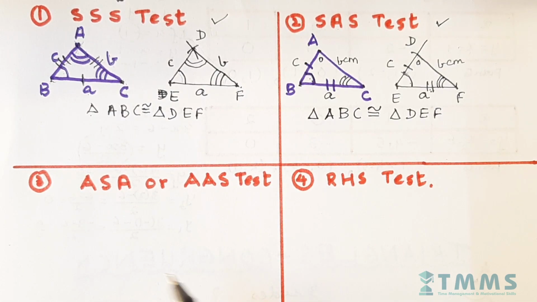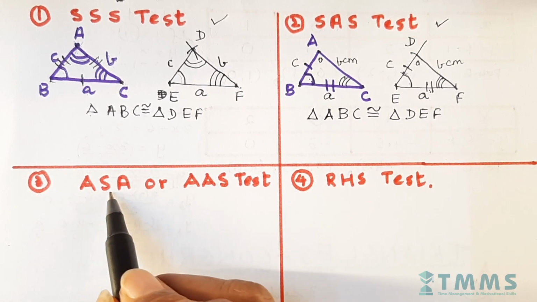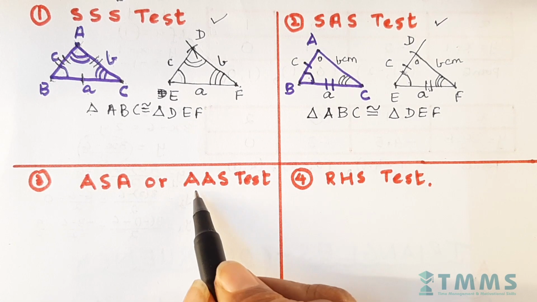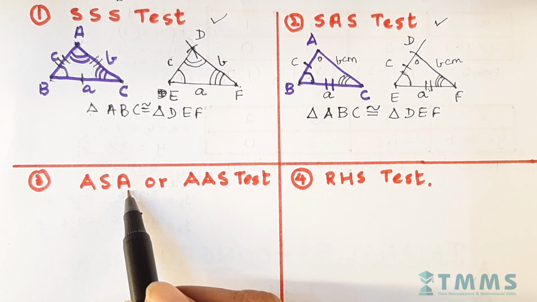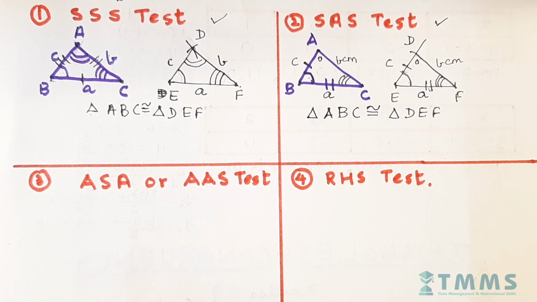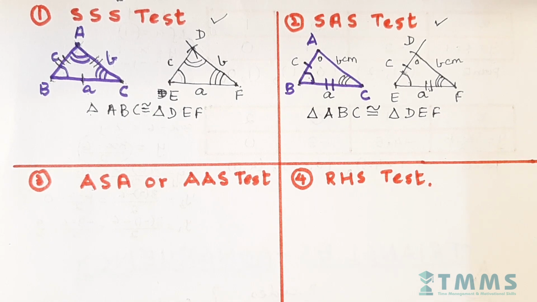In the next one, we have ASA, which means angle side angle. It can also be two angles and the third side, because if two angles are equal, remember the third angle also will be equal. And so let us see our triangles.